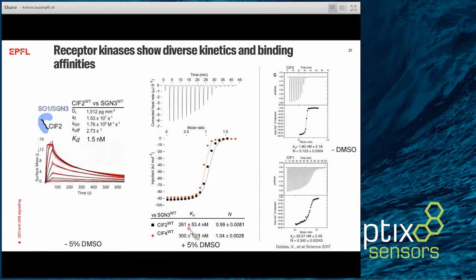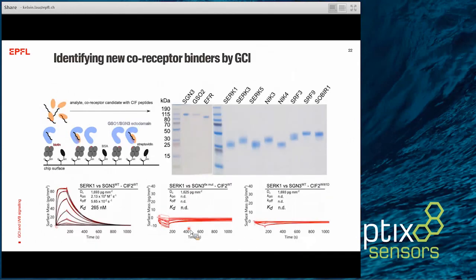To finish off this section, after he optimized his assay and confirmed his peptide ligand binding, he went forward to do a co-receptor screen, here in orange. Before he started this project, there was no idea of the cognate co-receptor for SCHENGEN3, like BRI1 had SERK1.